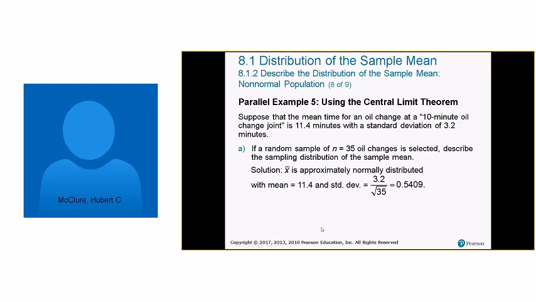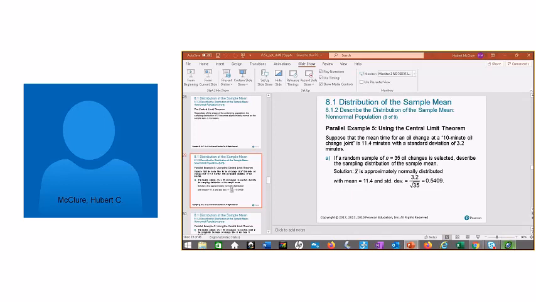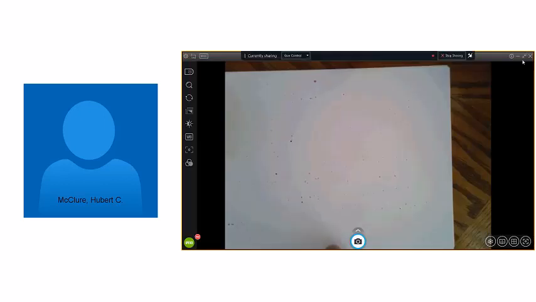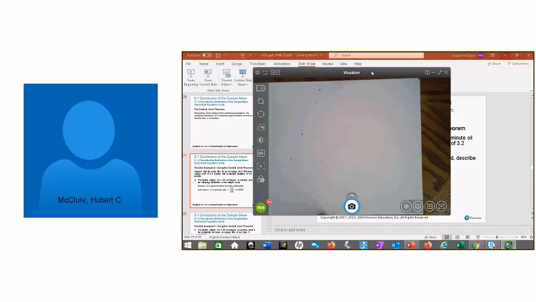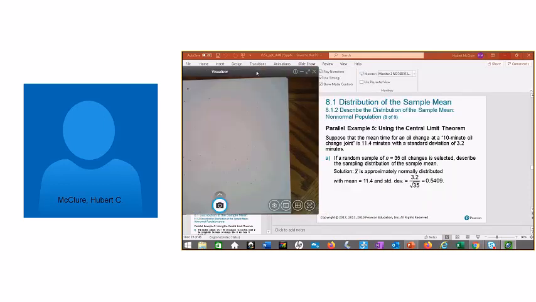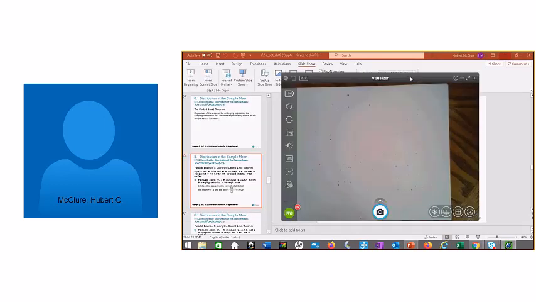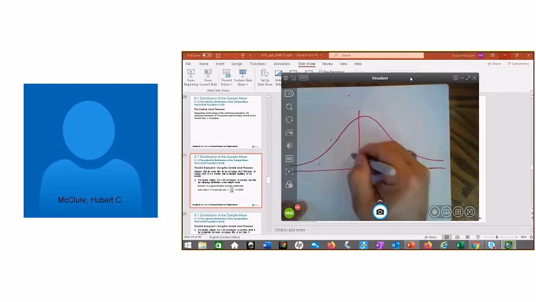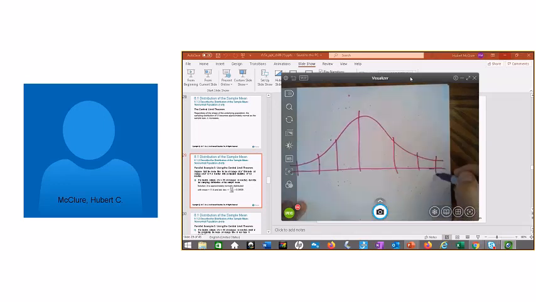We know, and I'm going to draw this. Let me pull up my 11.4 and 3.2. I need you to calculate 11.4 plus, what was it, 3.2?